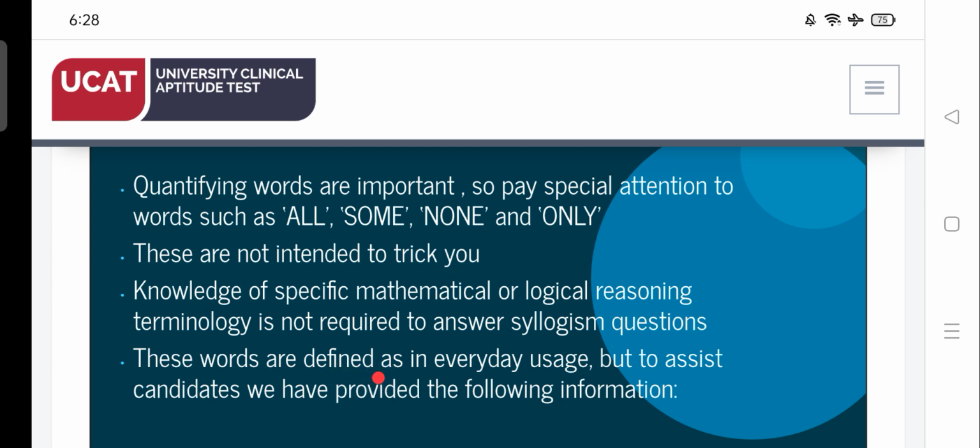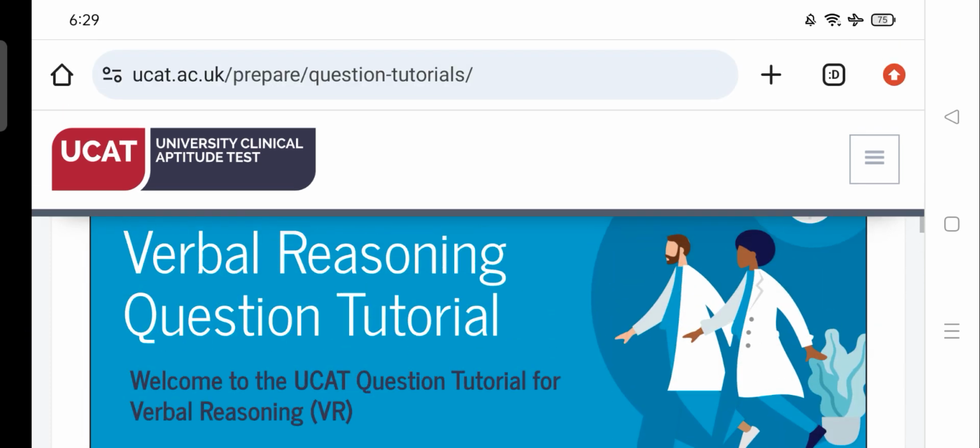These words are defined as in everyday usage, but to assist candidates, we have provided the following information. Again, I'm telling you that you don't need any specific mathematical or logical knowledge to solve these questions. It's basic information you need to solve these questions.